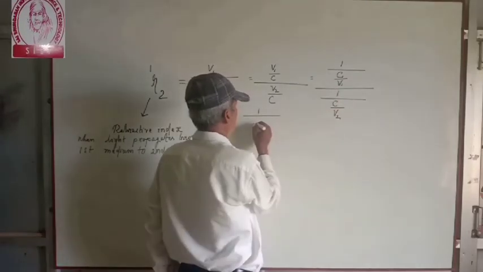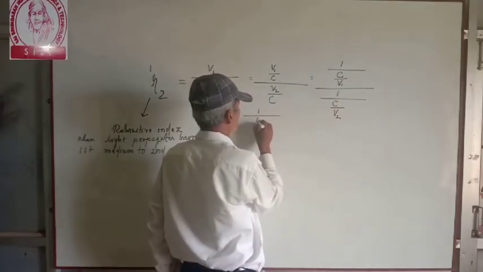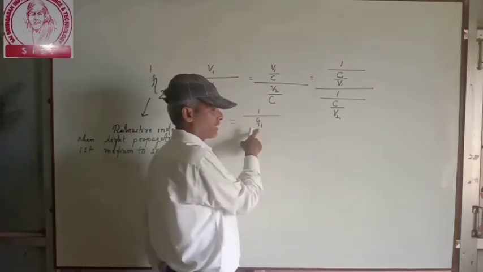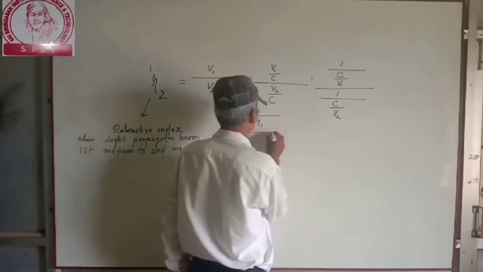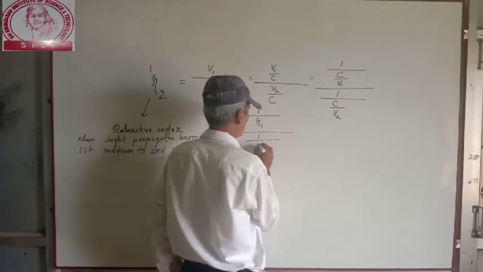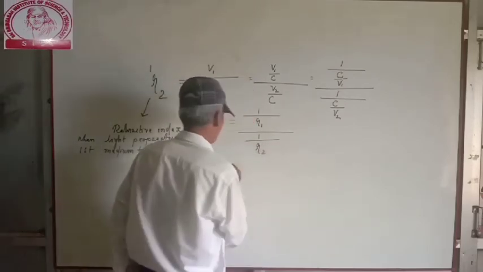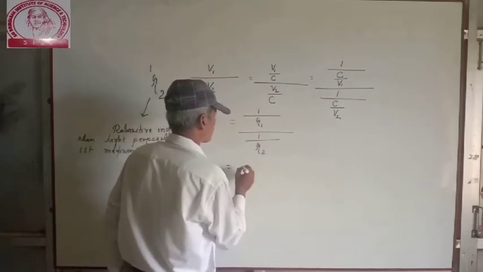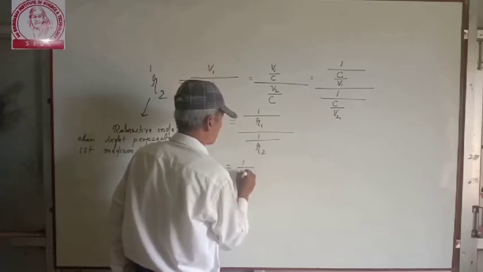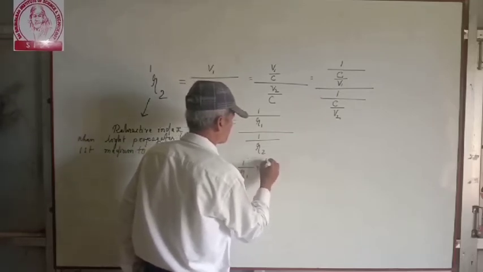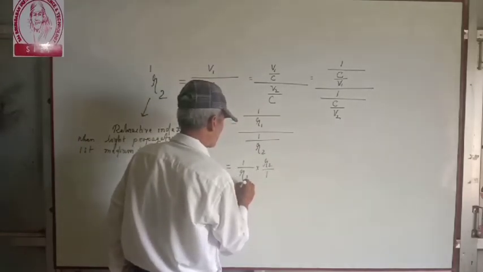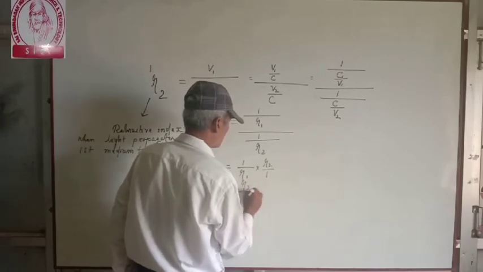So now I can write this is mu 1, absolute refractive index of first medium, divided by 1 by mu 2. So now it is 1 by mu 1 into mu 2 by 1 is equal to mu 2 by mu 1.